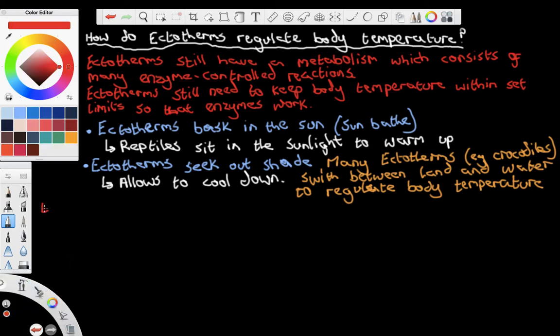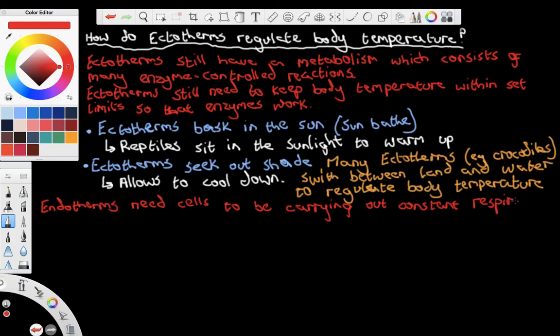that endotherms need cells to be carrying out constant respiration to maintain body temperature.